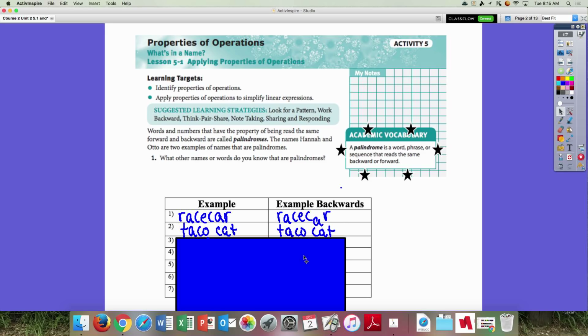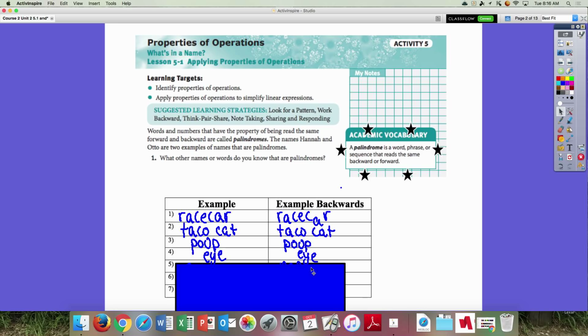Another one is the phrase taco cat. Taco cat. Taco cat. All right? Another one is the word poop. P-O-O-P. All right? Eye, like your eyeball. E-Y-E, backwards is E-Y-E.